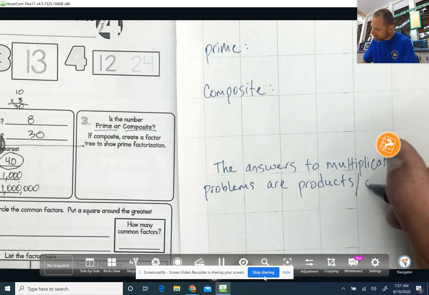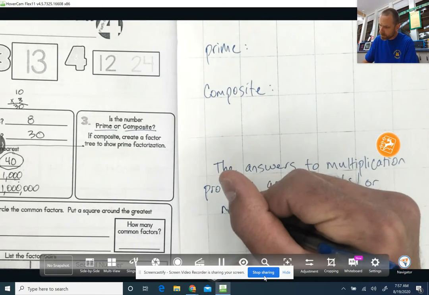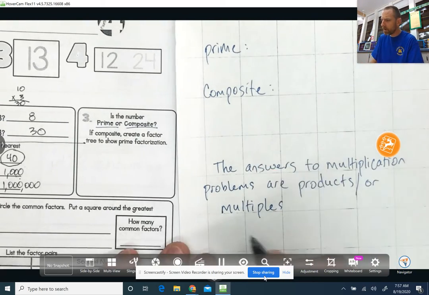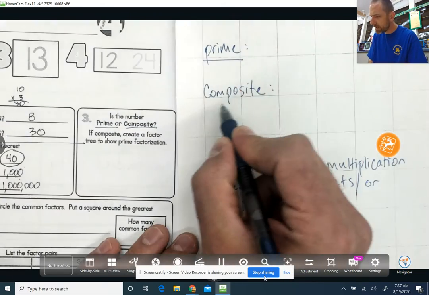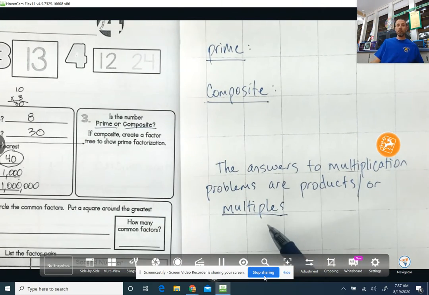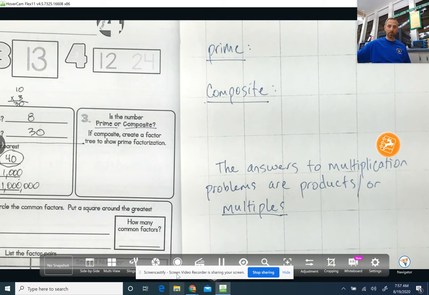So our products or multiples. Okay, so we have prime today, we have composite, but then we also have this new vocab term as well called multiples.